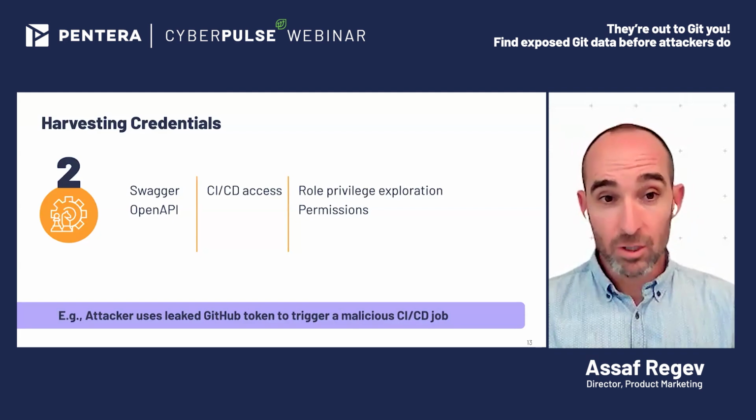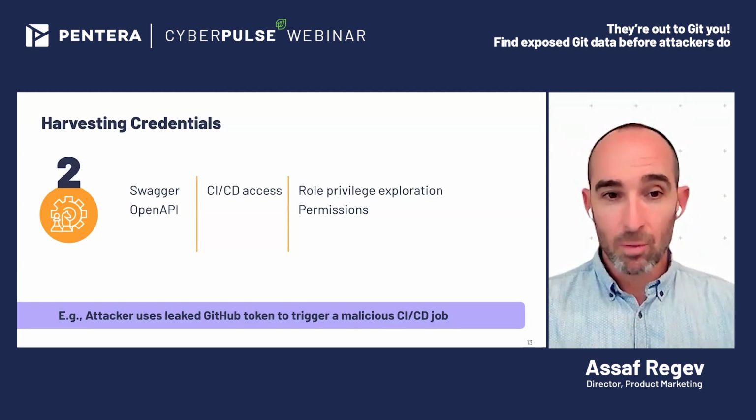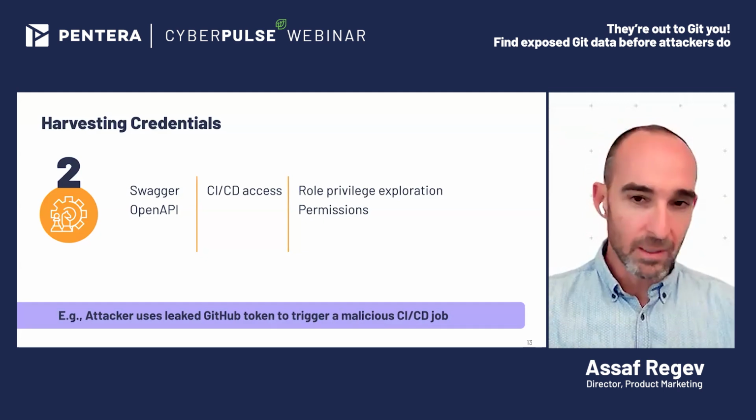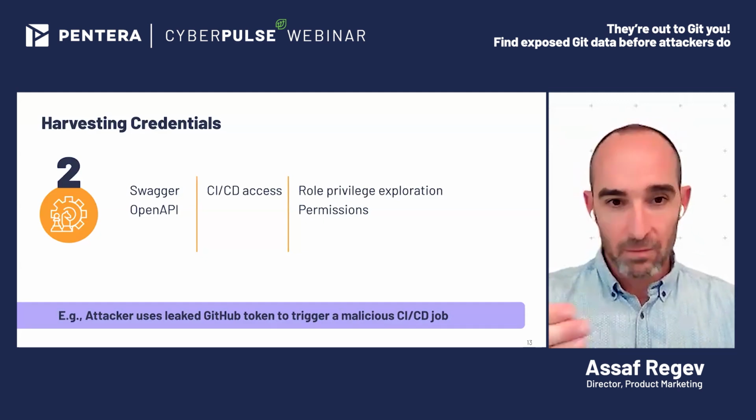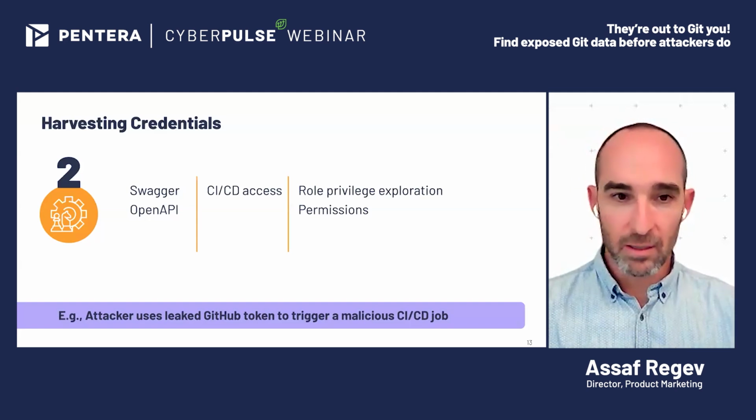And the dangerous part is that now they have these permissive identities or roles. They can trigger deployment, inject code, pivot into your cloud or on-prem environments, and from there expand and broaden their attack.